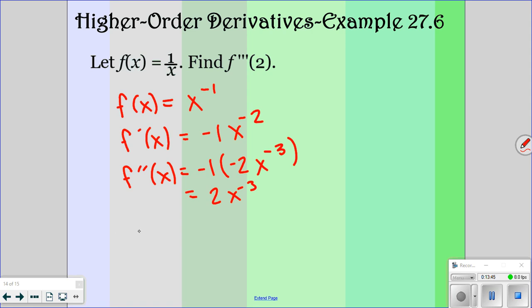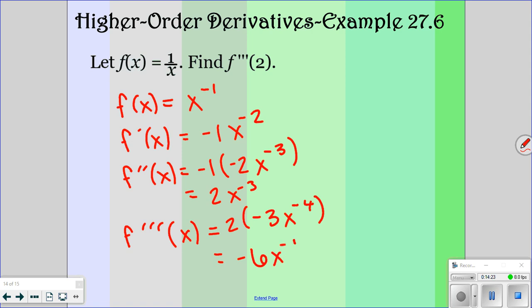Okay? For the third derivative, we're going to take 2, and then we're going to do negative 3 x to the negative 4, and so we're going to have negative 6 x to the negative 4.